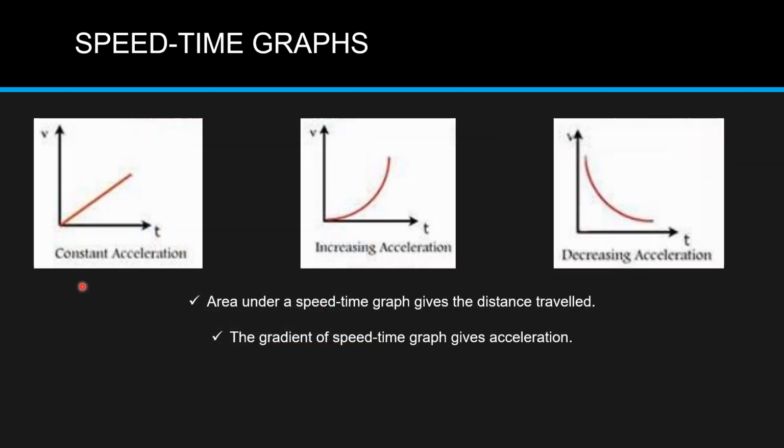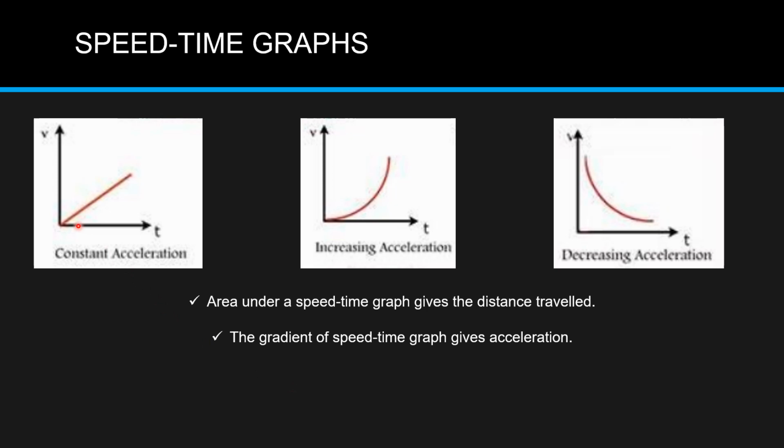And then a straight line here represents constant acceleration, and here it is increasing acceleration. As you can see, the gradient is increasing at every point. So that means the acceleration is increasing, and here it is decreasing acceleration because the gradient has been decreasing at every point. Now the area under a speed-time graph will give the distance traveled.